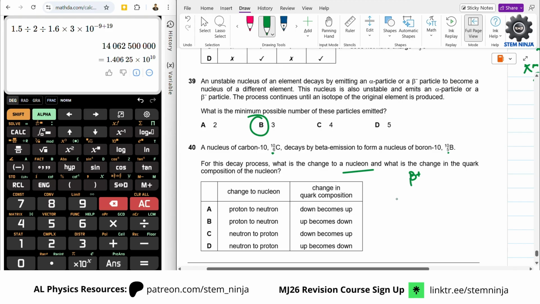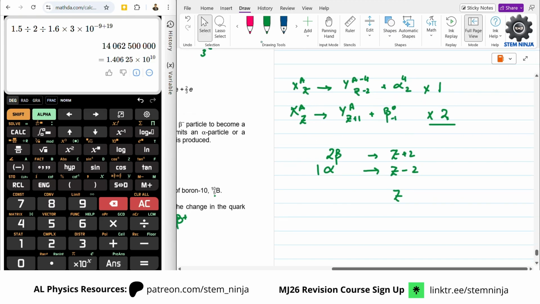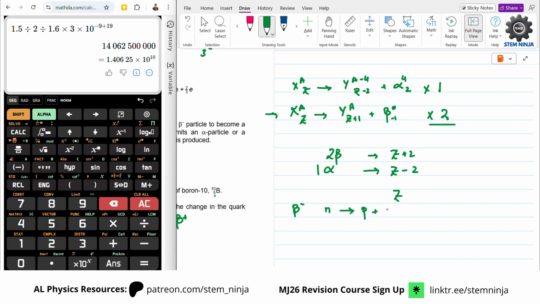Okay, in beta negative, a neutron decays into a proton and an electron or a beta negative particle and an anti-neutrino.